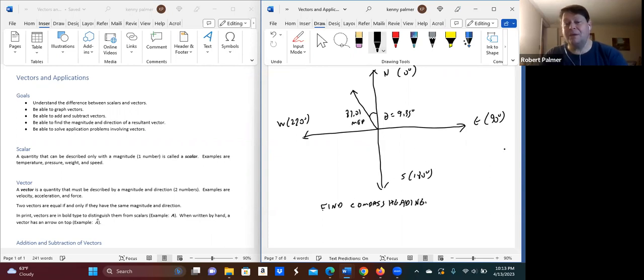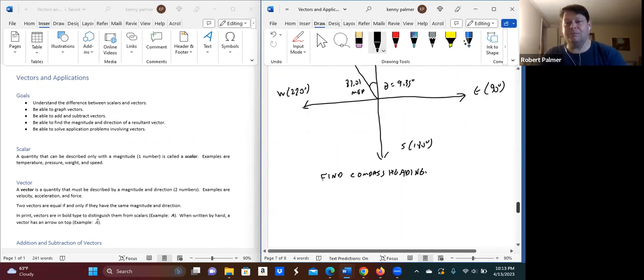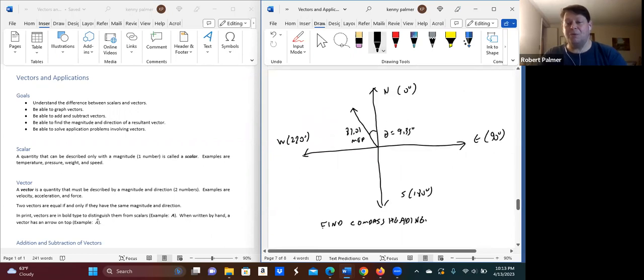The easiest way to do that is now you could also, if we knew this angle right here, okay, which we can find, okay.